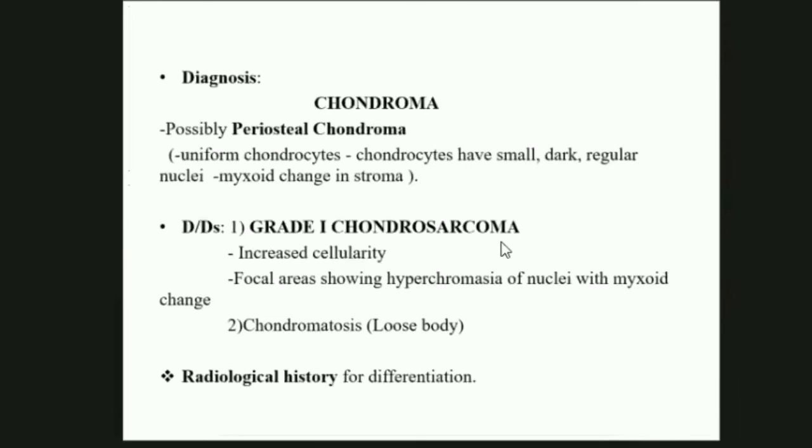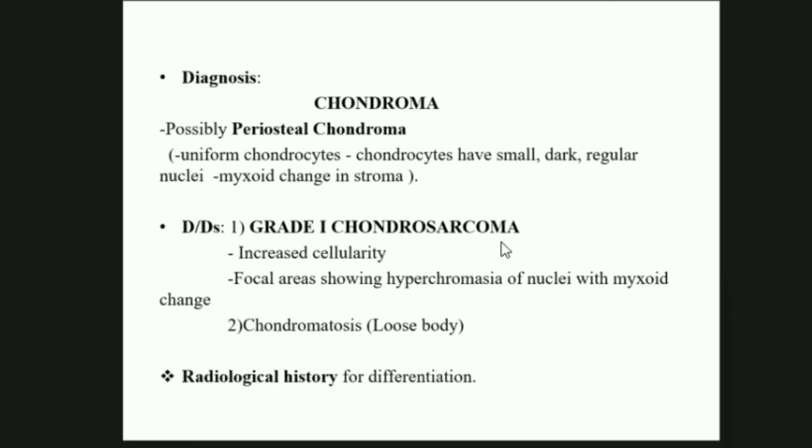So with these features, we came to a diagnosis of chondroma and possibly periosteal chondroma. And our differential diagnoses were grade 1 chondrosarcoma and chondromatosis loose body. Basically chondrosarcoma, because if it is low grade, grade 1 usually resembles a benign tumor, that is chondroma.